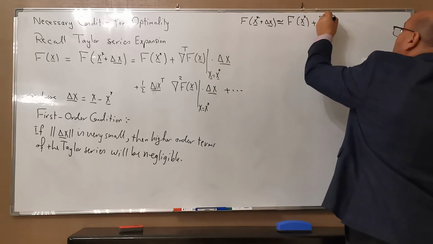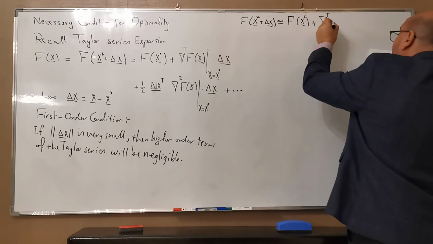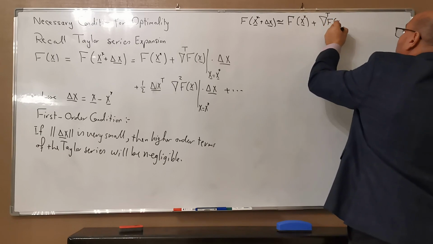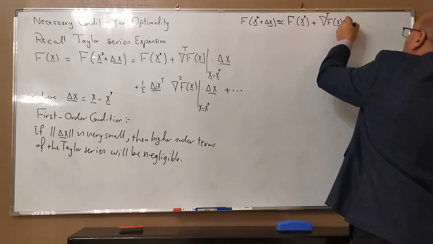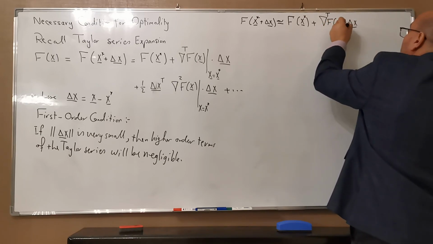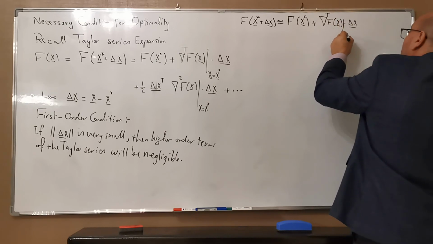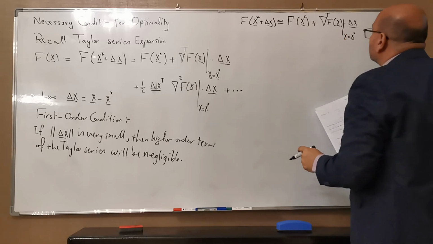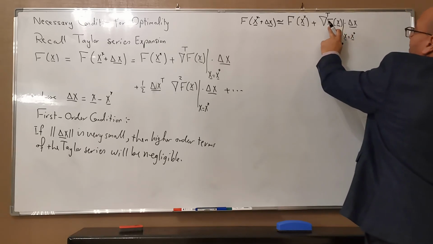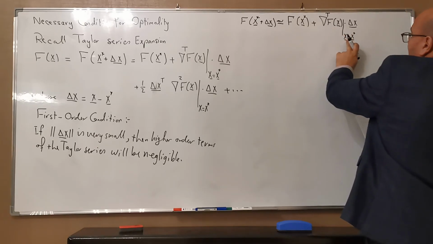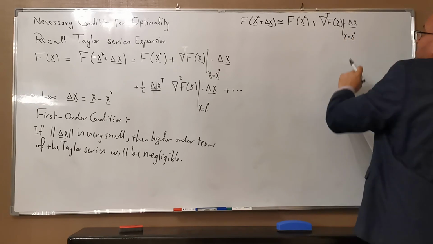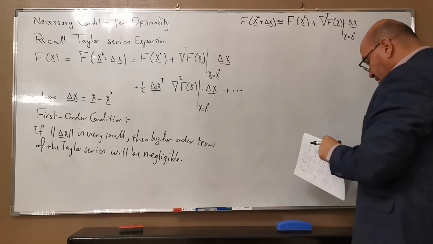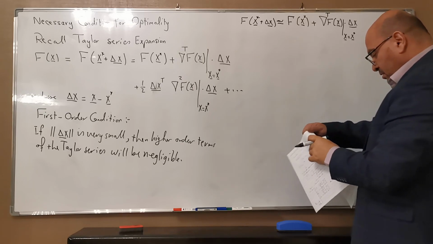So this is the gradient transpose of f of x times delta x. And this one is evaluated at x equals x star. Okay, so it's the inner product of the gradient evaluated at x equals x star times delta x. This is the inner product.